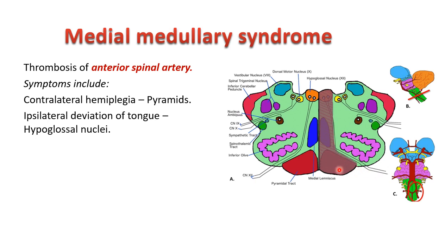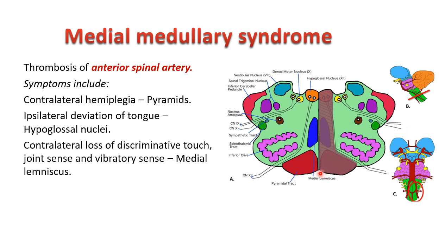Contralateral hemiplegia because after this the corticospinal tract is going to cross. Then contralateral loss of discriminative touch, from the fibers of nucleus gracilis and cuneatus, so the medial lemniscus will be affected. So anteriorly on either side of the midline, the hypoglossal nerve, medial lemniscus and pyramids are affected.